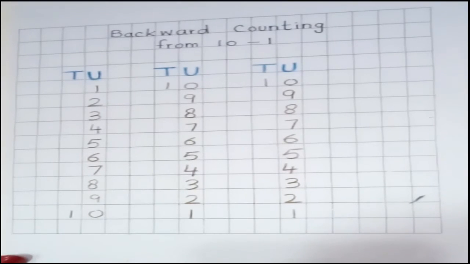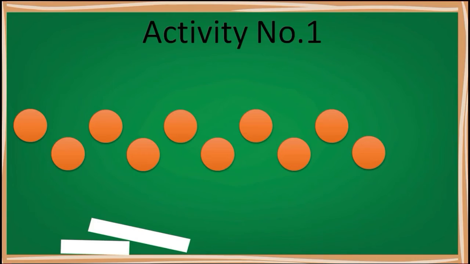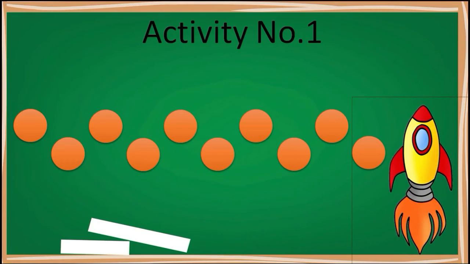Now, I am giving you activities. In activity number 1, we are going to write backward counting 10 to 1. So, let us help the rocket blast off by counting backward. Example, in the first bubble, we will write 10.